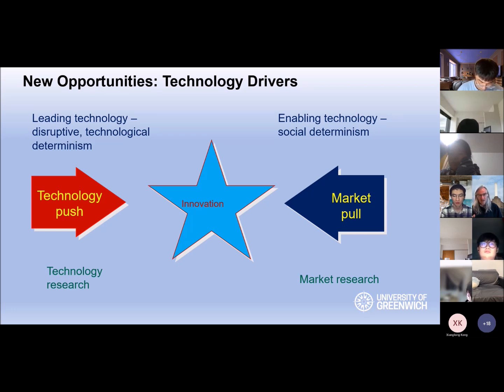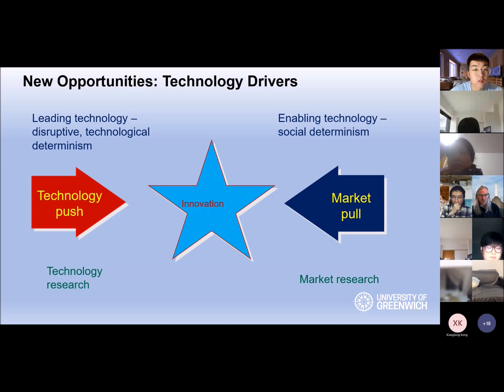Market pull, on the other hand, is when you know what the demand is, so you develop the technology to meet that demand. And this is called enabling technology. So you develop the technology that enables you to meet the market demand. Technological push, but having a leading technology, you don't actually know really what it's going to do.